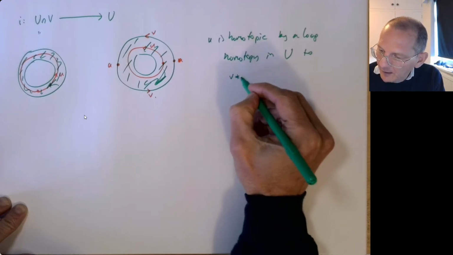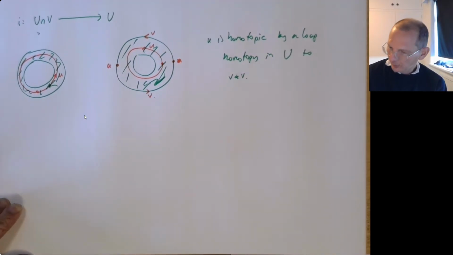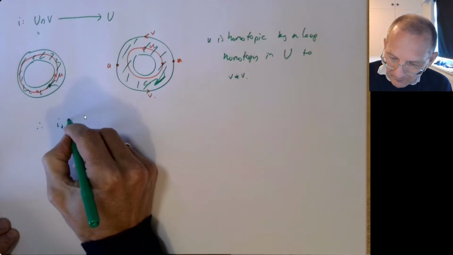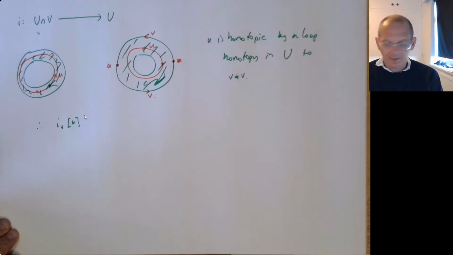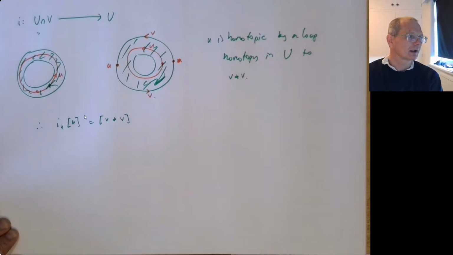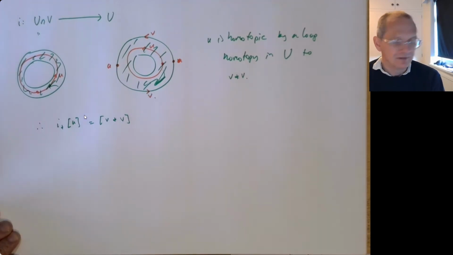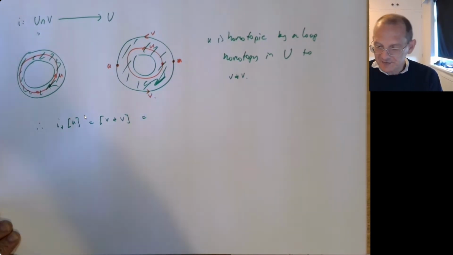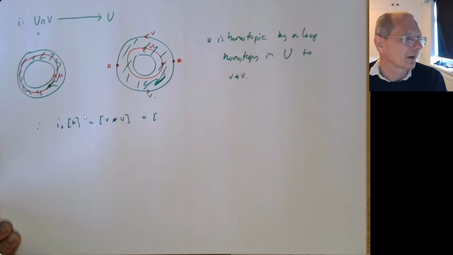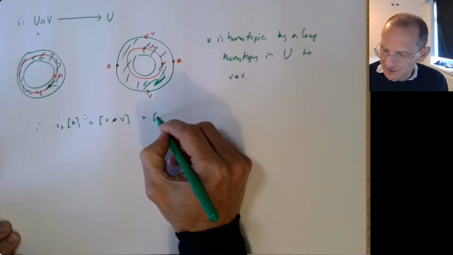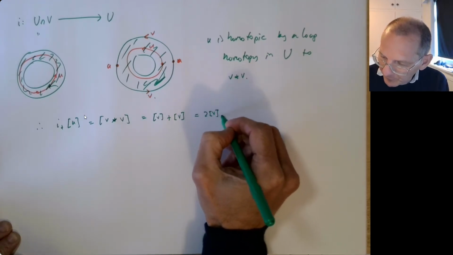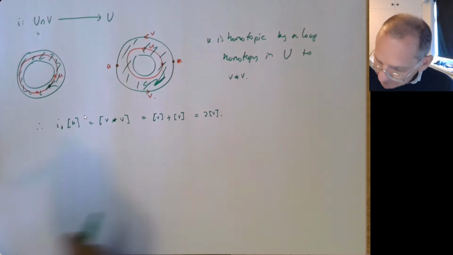So it's homotopic to V star V. So in the homology group, the i lower star of U is the same as the homology class of V star V. And by a thing that we discussed previously, the join of paths corresponds in homology to addition. So this is square bracket v plus square bracket v, twice square bracket v. Okay.